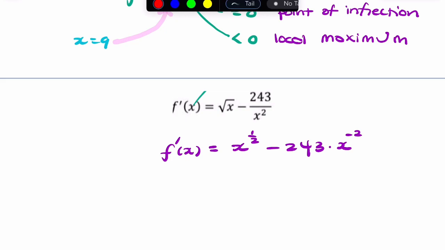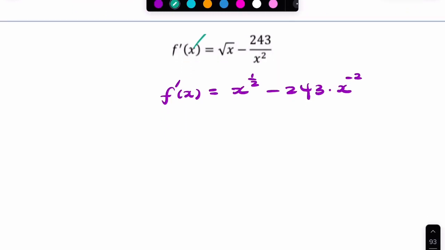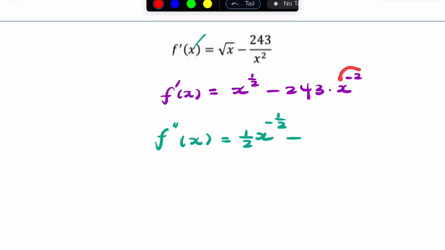So notice x squared in the denominator becomes x to the power minus 2. So if we differentiate that again, f double dash, you multiply by the power, so that's 1/2, and then you subtract 1 from the power, so x to the power minus half. And then you multiply minus 2 times negative 243, that gives you plus 486 x to the power negative 3.